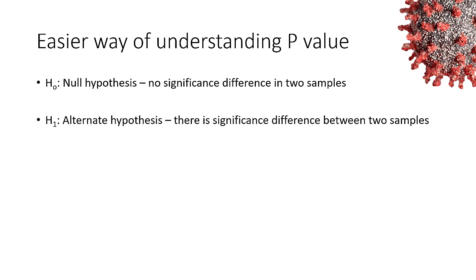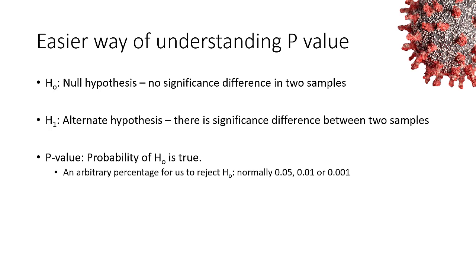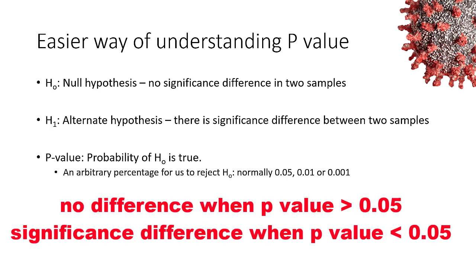So later on, when we are doing our t-test in Excel, you will get a number. The number that Excel gives us is actually the p-value. So how I like to explain p-value is like this. P-value is the probability that the null hypothesis is true. So the p-value that our Excel gives us is there is no significant difference. So if the p-value is low, that means the probability that there is no significant difference is low.